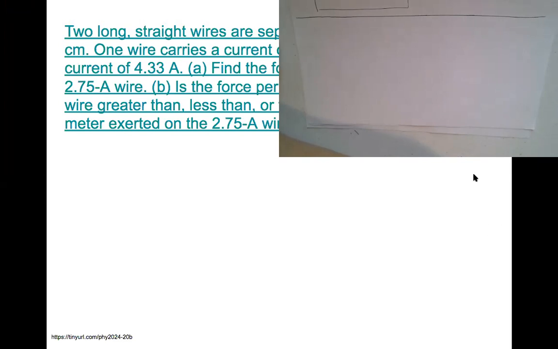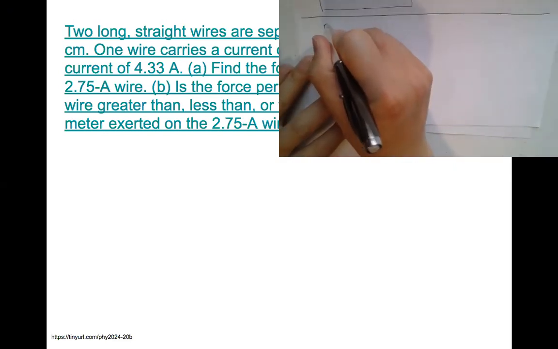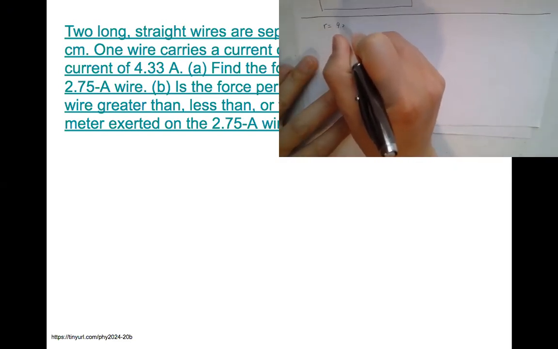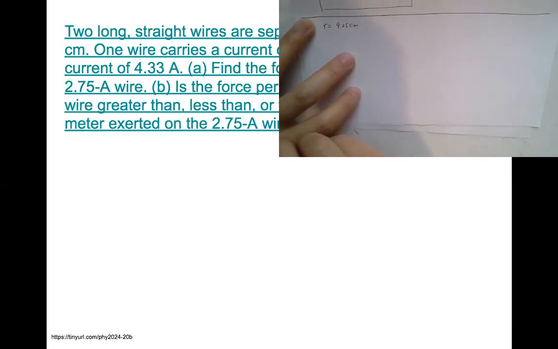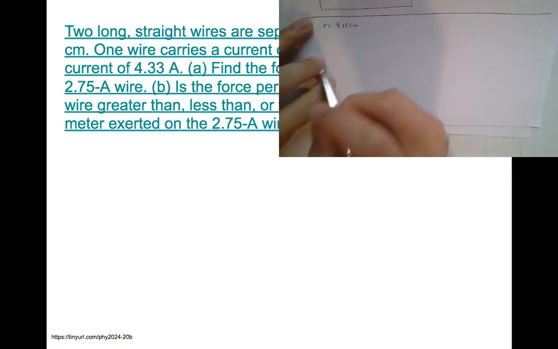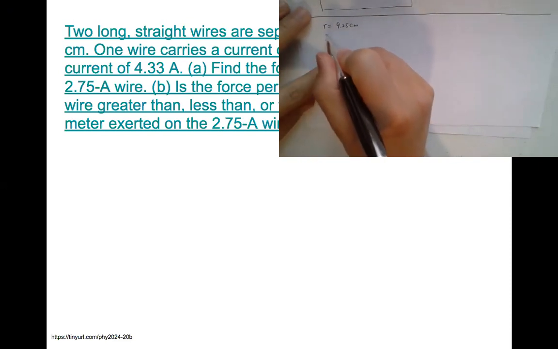All right. So let's take a look at this example here. It says you have two long straight wires separated by a distance of 9.25 centimeters. So this tells you your R is going to be 9.25 centimeters. Now it says one wire carries current 2.75 amps, so that tells you I1.